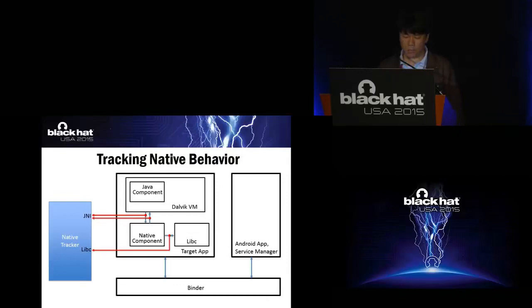If you can monitor libc, you can know what is done in native code. Binder is the communication mechanism of Android processes. So if you can monitor binder, you can know the communication data between the app and services.